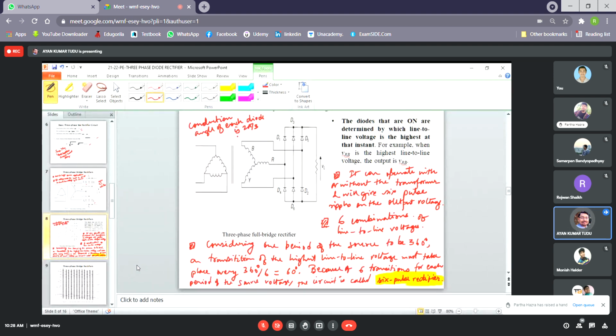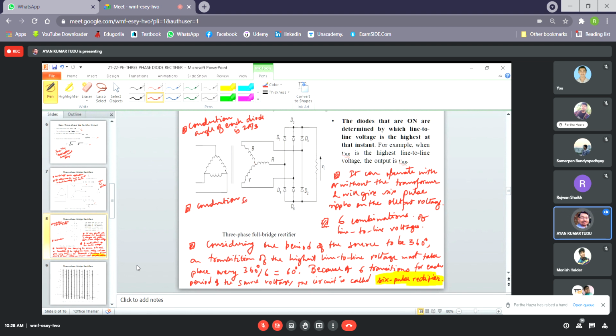So what is the conduction sequence? We can understand it because the diodes are numbered in order of the conduction sequence.